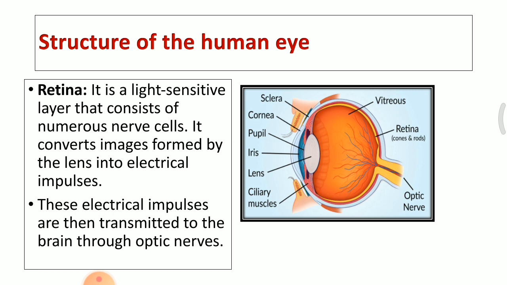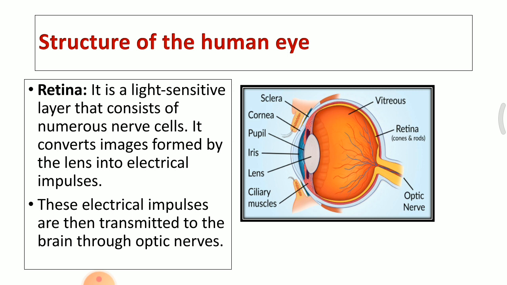And the next part is the retina. It is a photosensitive screen. Here the image is formed. Here a number of rod and cone cells are present. The rod cells are sensitive to dim light. The cone cells are sensitive to bright light. And in the retina, these images are converted into electrical signals.